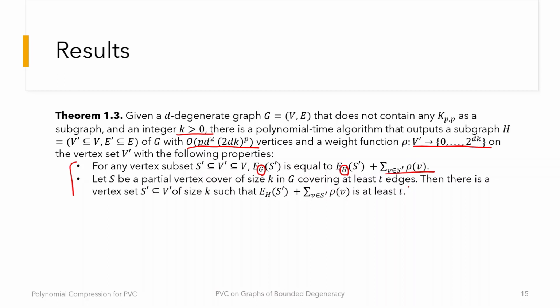The second property says that if we have a subset of size K in G covering at least T edges, then we have a subset S prime in H with size K, where the number of edges it covers plus the weight of its vertices is at least T. And the statement is a bit strange, especially because of this K_{P,P}, but because we wanted to get a better bound for planar graphs, we had to state a generalization somehow.